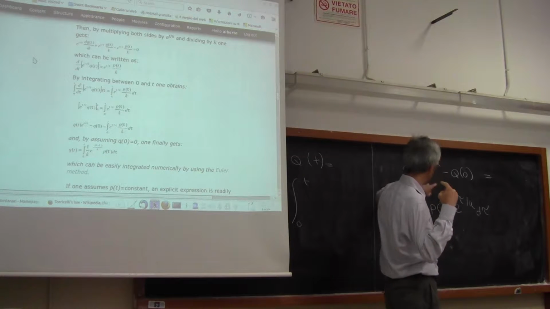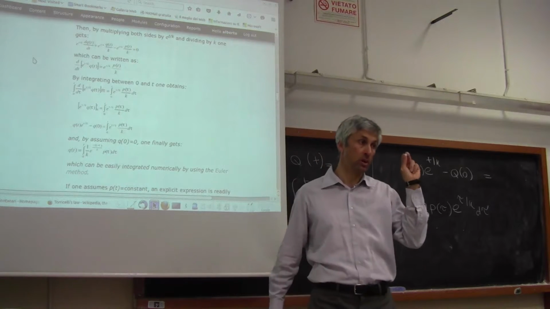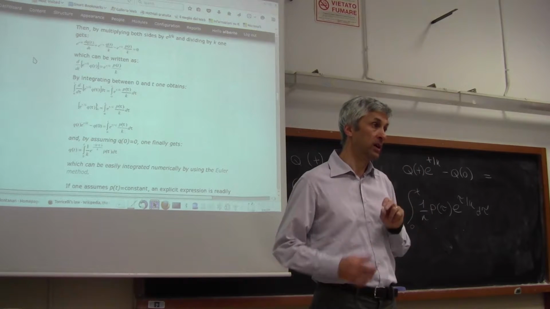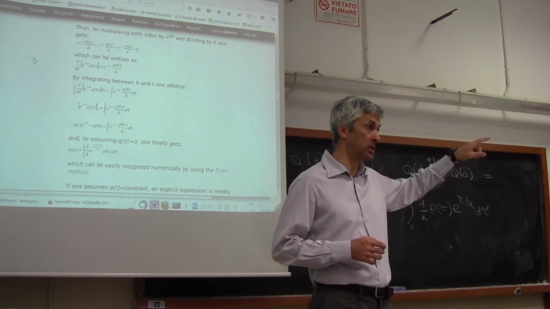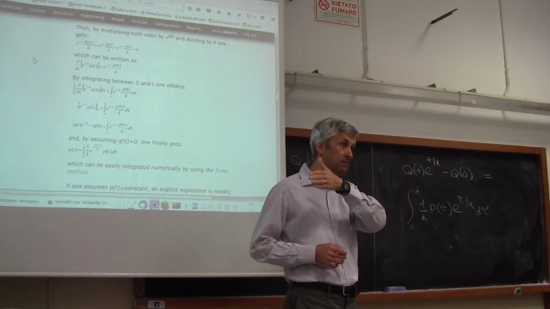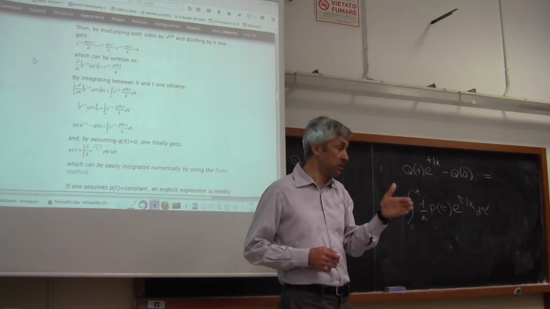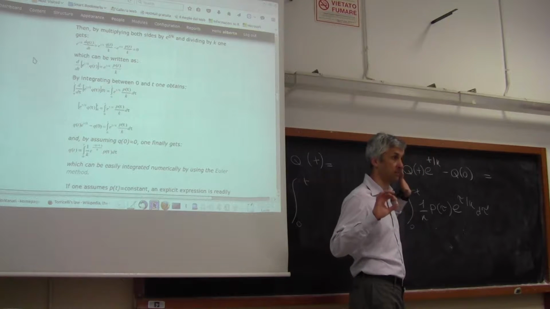It's not tau, it's t. T is fixed because it's the time at which you want to compute the river flow. Of course, you can make the computation several times. If you want to describe the hydrograph, you need to make the same computation several times. But each time that you make this computation, t is fixed, so it's a constant, okay?